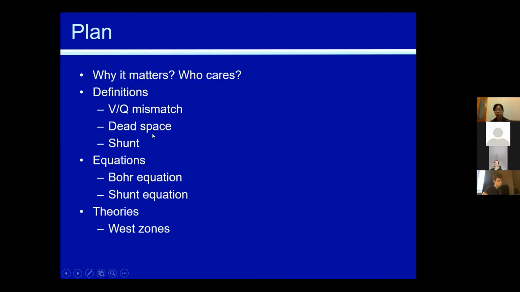Once I've tried to justify the topic, I'll talk about some definitions: VQ mismatch, dead space, shunt. The Bohr equation and the shunt equation are the ones that are relevant, and then I'll try and pull it all together in the West zones theory, and all the way along I'll try and make it relevant why it matters to what we see in everyday practice.